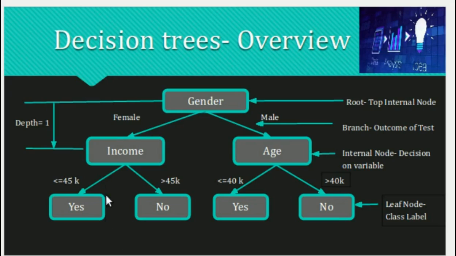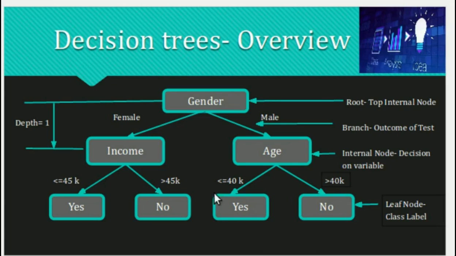The depth of the node is the minimum number of steps required to reach the leaf node from the root node. Leaf nodes are at the end of the last branches on the tree. Nodes with no children or no further split represent a class label, the outcome of all the prior decisions.